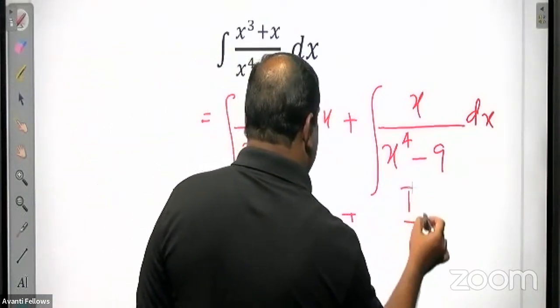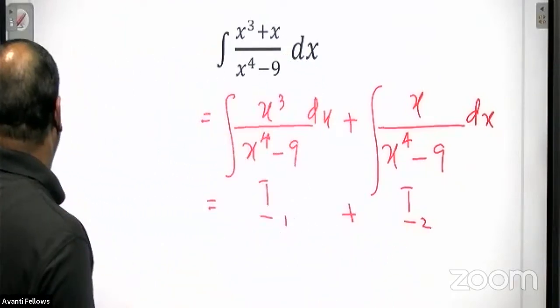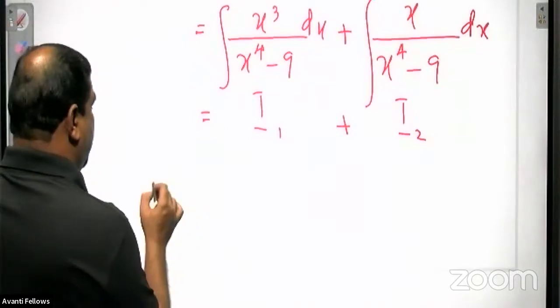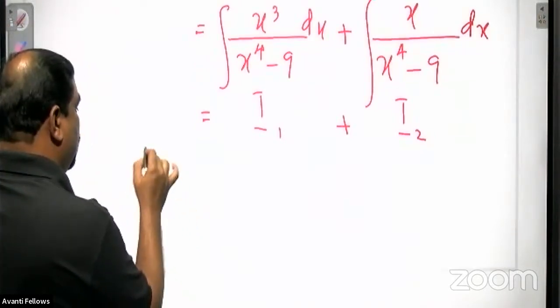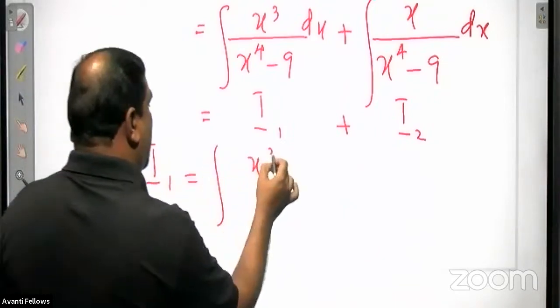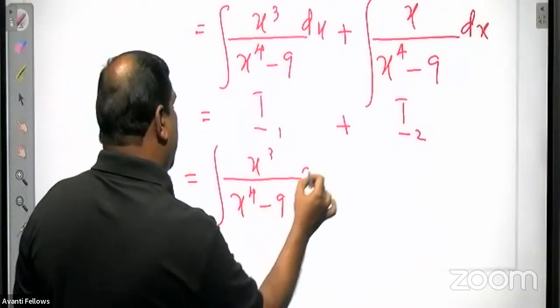Let us call them I1 and I2. So consider I1, which stands for x cubed divided by x raised to 4 minus 9 dx.